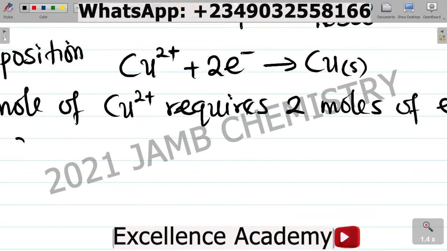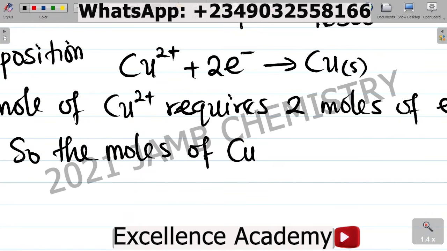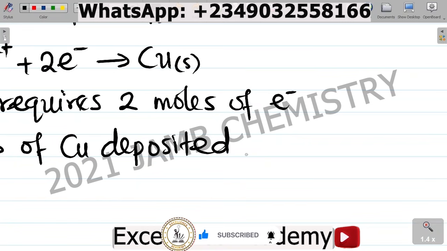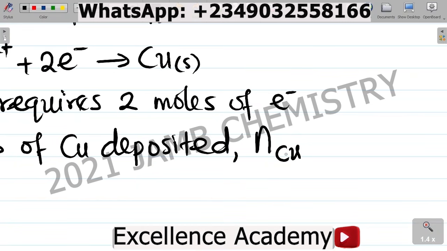So the moles of copper deposited, since each mole of copper(II) ion requires 2 moles of electrons, let's call this N of Cu, the number of moles of copper deposited. This would be equal to the number of moles of electrons delivered divided by 2, because you require 2 moles of electrons for each of them.